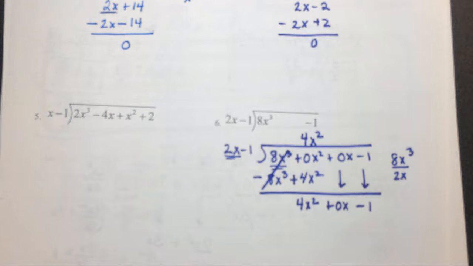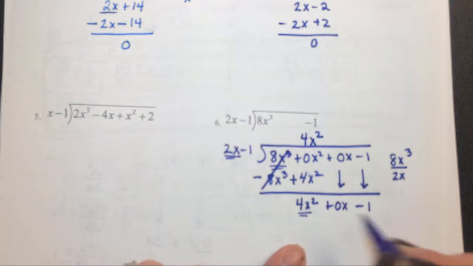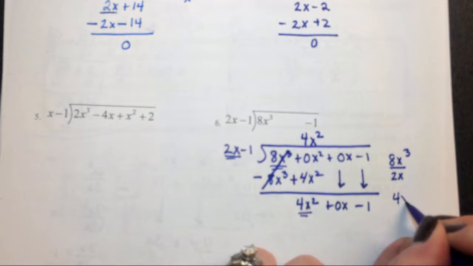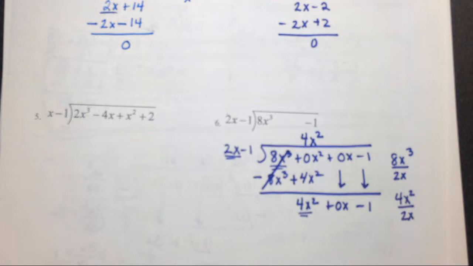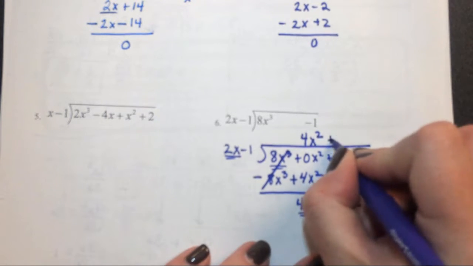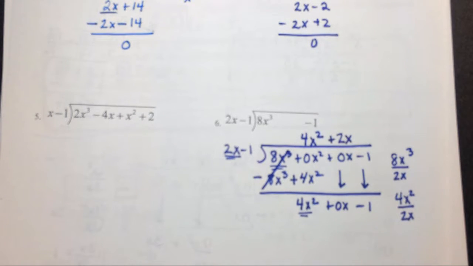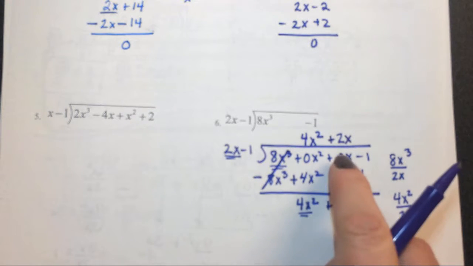Remember, you keep going until you can't divide anymore. Again, always work with that first term. So I have to take 4x squared and divide it by 2x. So what happens when I take 4x squared and divide it by 2x? That's going to leave me with a what? 2x. So again, I'm going to add 2x at the top. And now what do I do again with the 2x? I'm going to have to multiply.